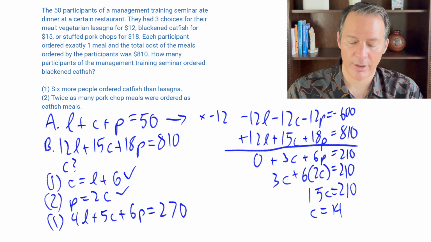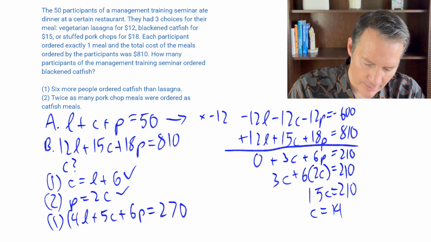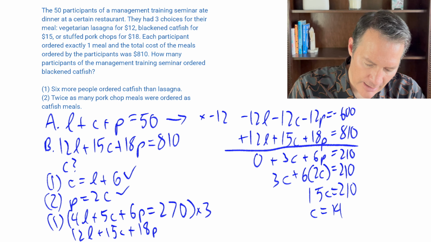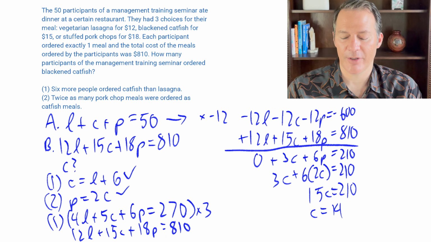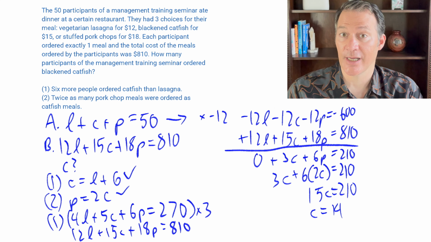However, look how similar it is to equation B. If we multiply it by 3, we get 12L plus 15C plus 18P equals 810, which is the same as equation B. So this is not a new equation. It would not give us new information, so it's not sufficient.